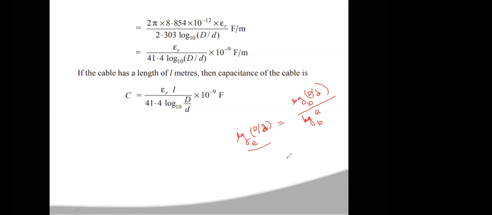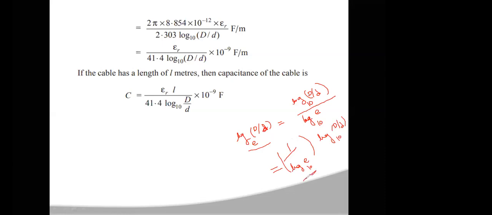Now this can be written as 1 by log e to the base 10, multiplied by log capital D by small d to the base 10.